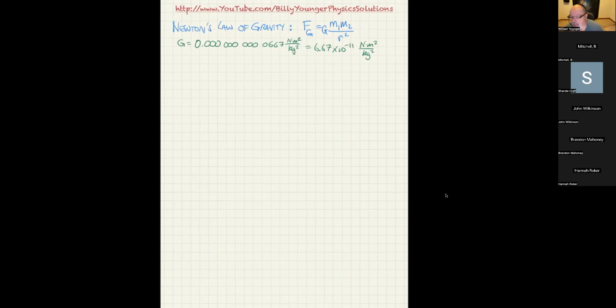If M1 and M2 are particles, then it just acts along the line connecting the two particles, and it's always attractive. So if you're talking about the left particle and you want to know the force on it due to the right particle, then you put an arrow that ends on the left particle and starts closer to the right particle, lying along that line that connects the two. That's the way the force behaves.